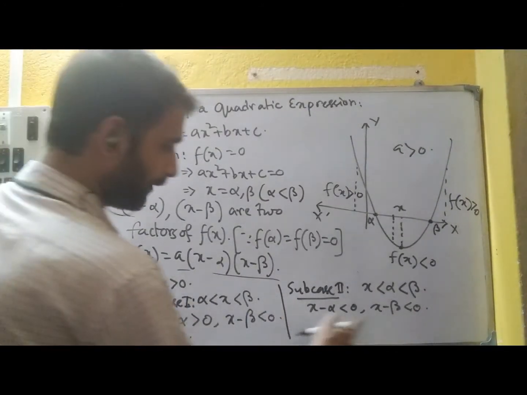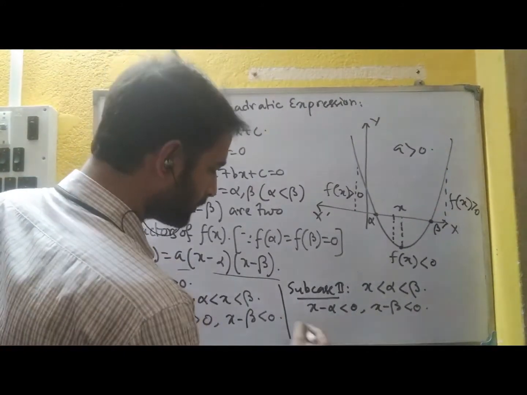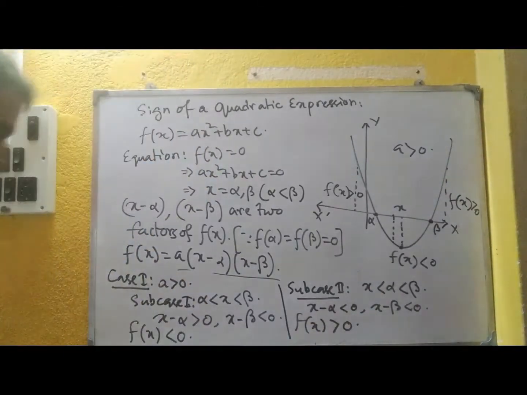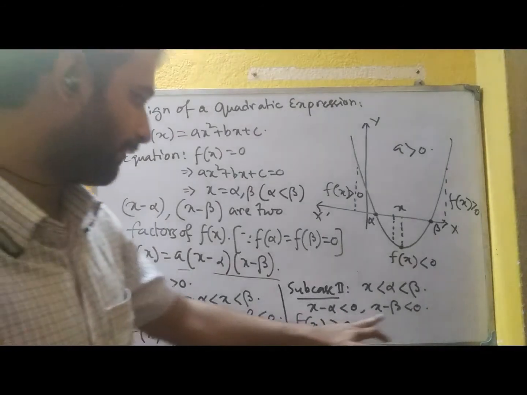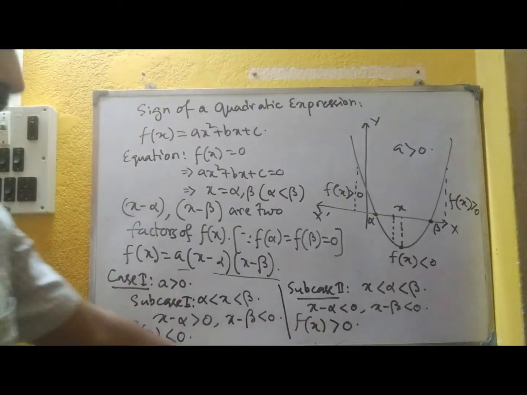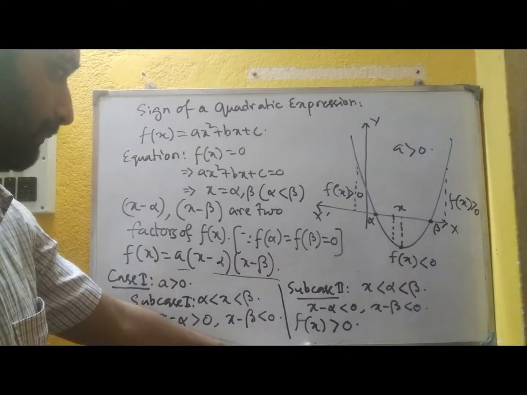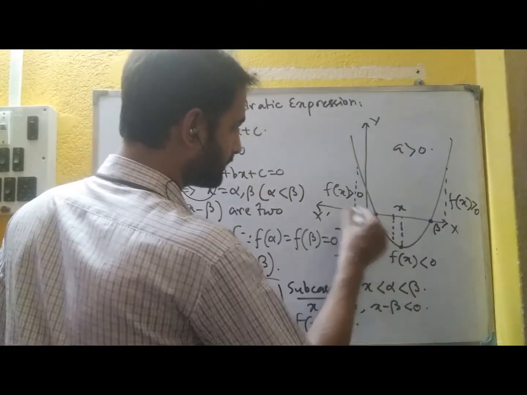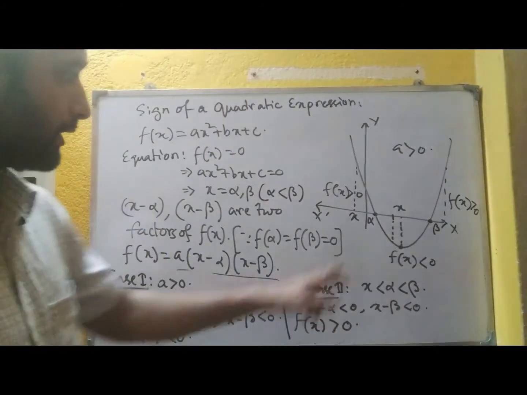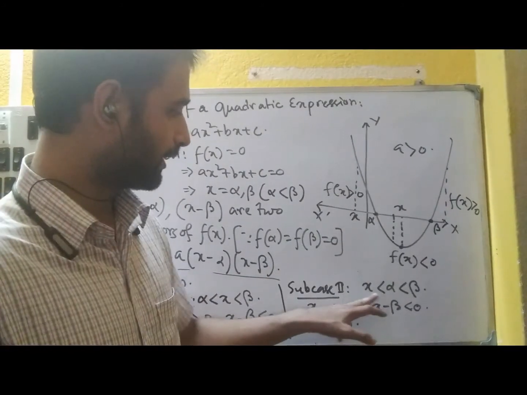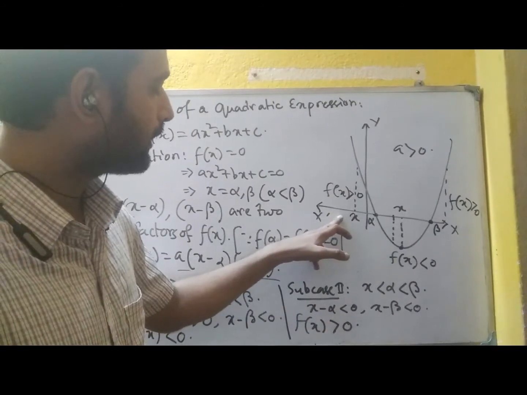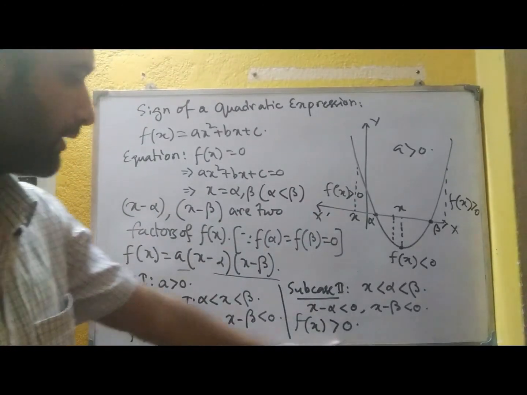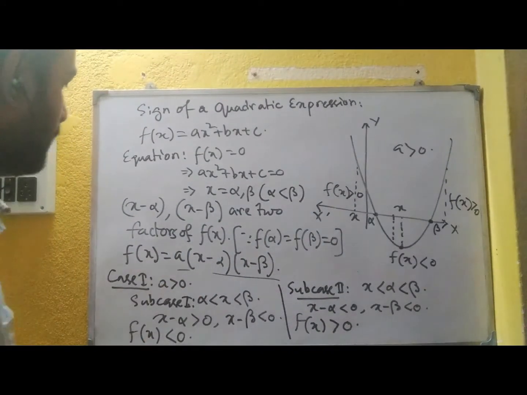But a is positive, and both the factors are giving negative values. So from here you can say f(x) is greater than 0 because it is the product of 2 negative factors. See, it is happening here. If you take x as this point, which is on the left side of alpha, that is alpha is greater than x, so you are getting the value of f(x) positive here. This we can see here.